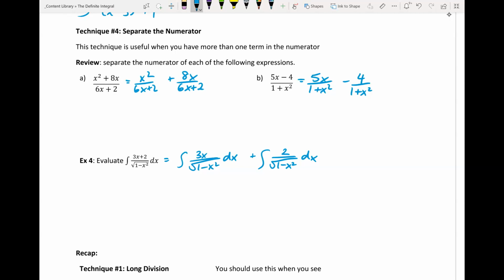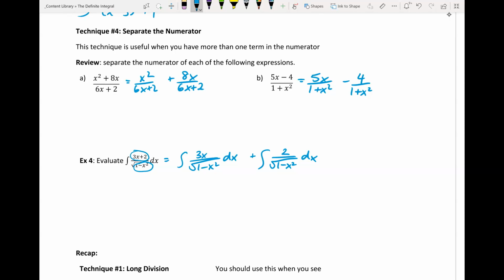Now, before I continue on, just as a side note, we couldn't let this be u because then the derivative of this is negative 2x, but it would be fine if I just had a 3x here, but I had this extra plus 2.